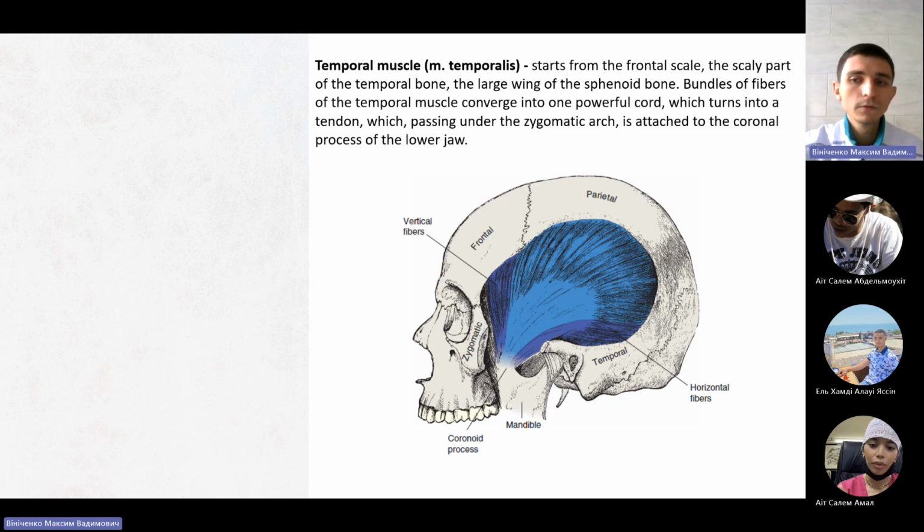We don't see it, but here is the zygomatic arch, and this tendon lies under it. Passing under the zygomatic arch, it is attached to the coronoid process of the lower jaw. This is the coronoid process. So there is the temporal muscle.